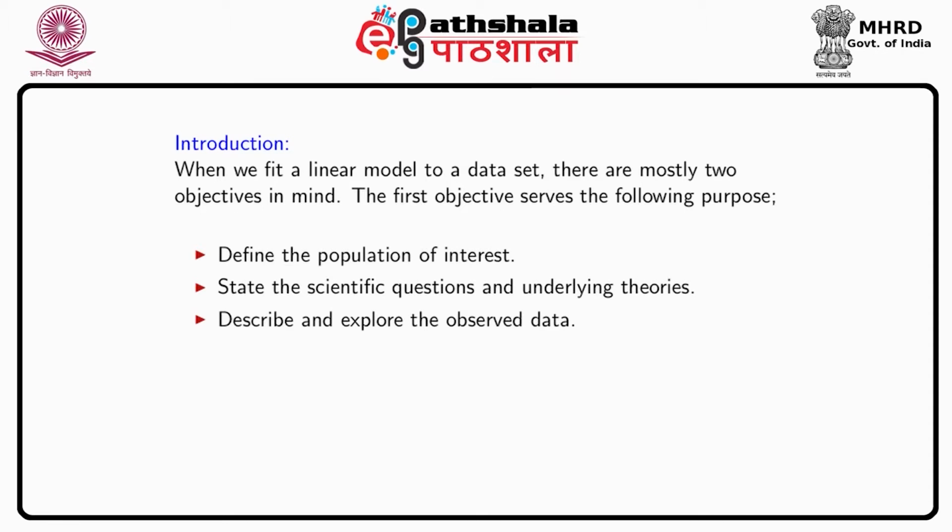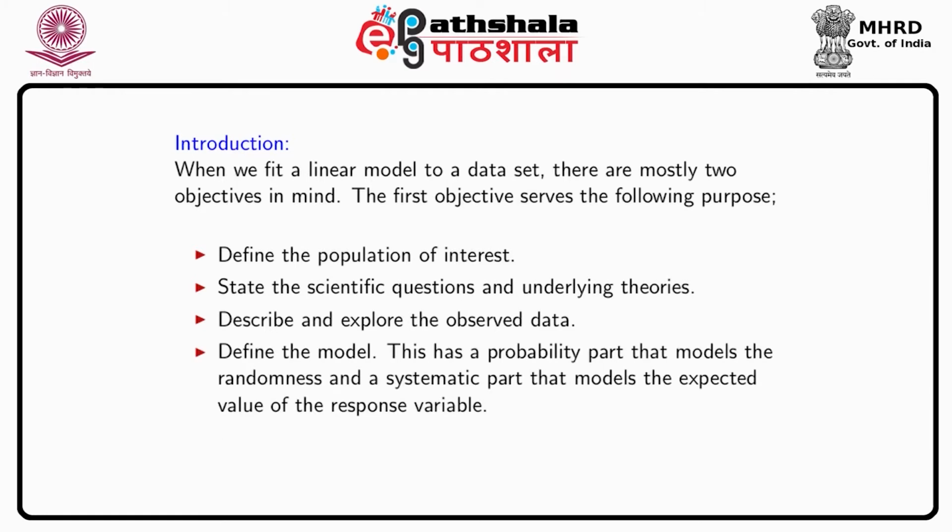Some basic exploration of the data is done before we start fitting any form of statistical model to the data. And we then define a model which we think would best fit the data at hand. This model happens to have 2 parts. The first is the probability part, which is taken care of by the error in the GLM format, which is y equals x beta plus error.